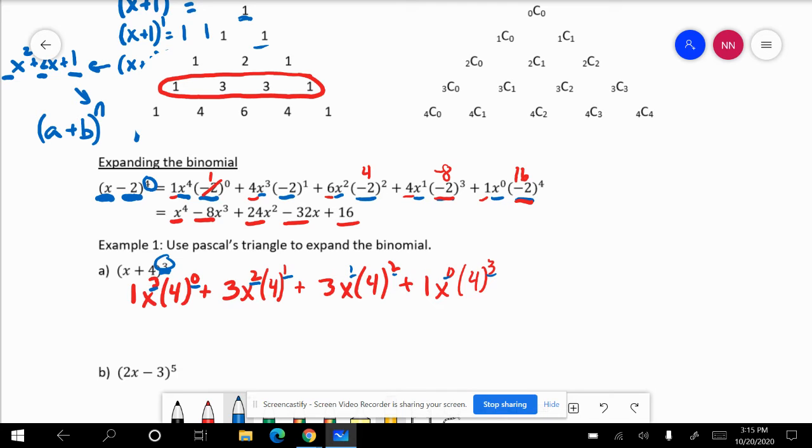Now we're going to multiply it out. Anything to the 0 is 1. So we have x to the 3rd. 4 times 3 gives us 12x squared. 16 times 3 gives us 48x. And 4 to the third is 64. And that right there would be our answer.